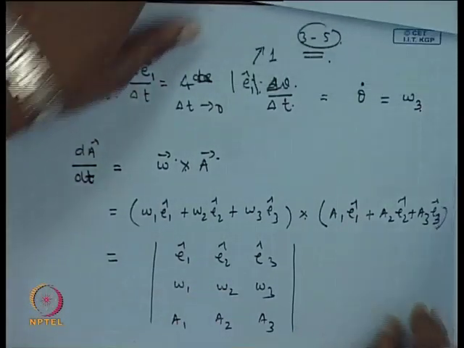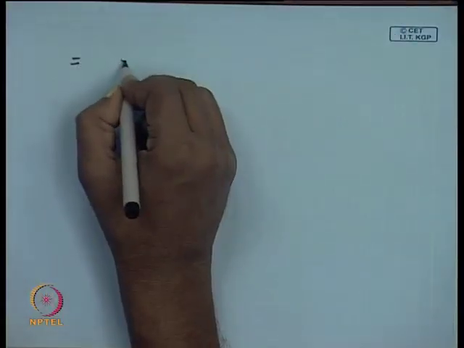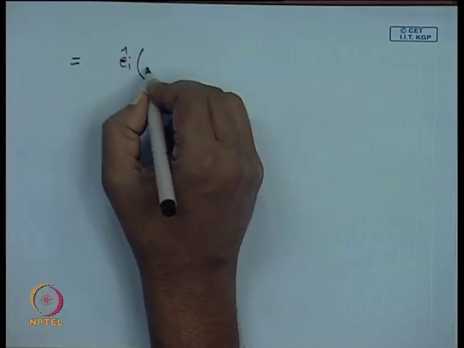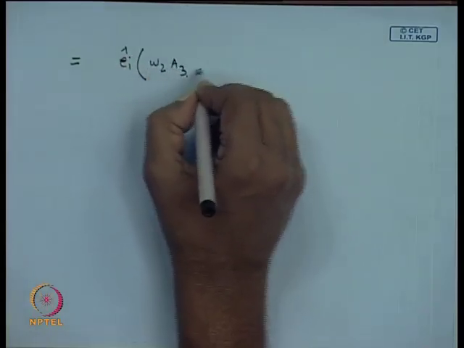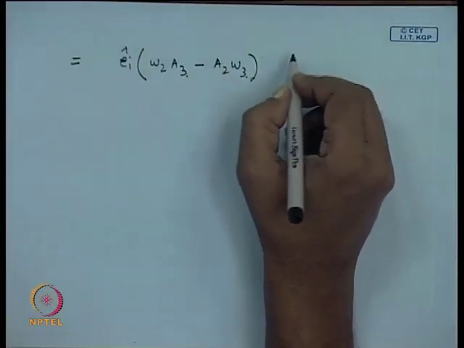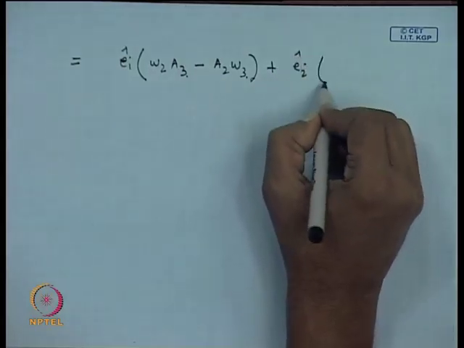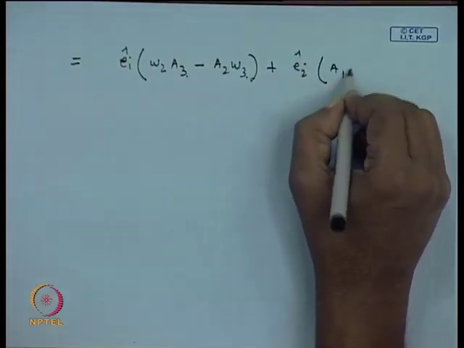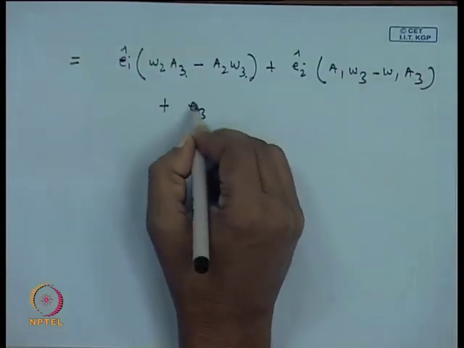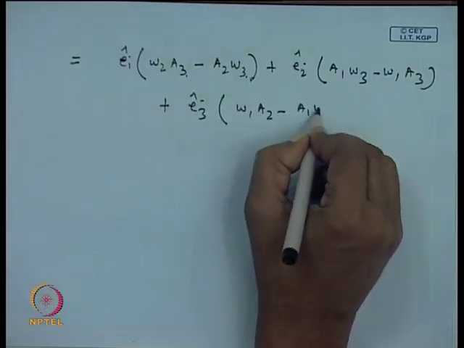Take the determinant of this, and this will yield you E1 cap times omega 2 A3 minus A2 times omega 3, plus E2 cap times A1 omega 3 minus omega 1 A3, and plus E3 cap times omega 1 A2 minus A1 times omega 2.